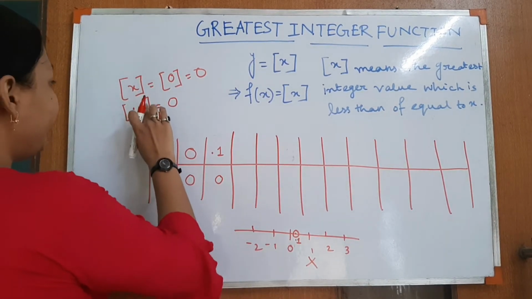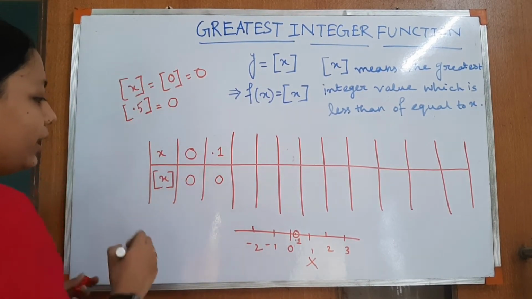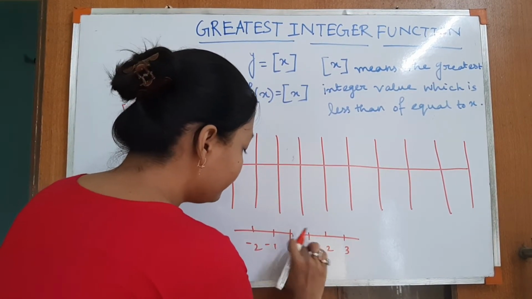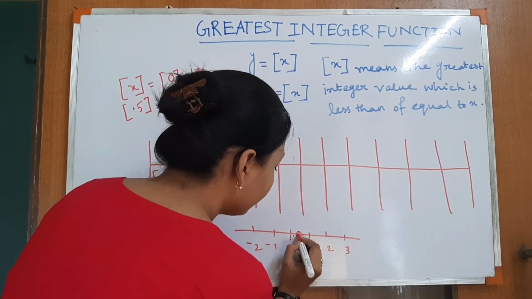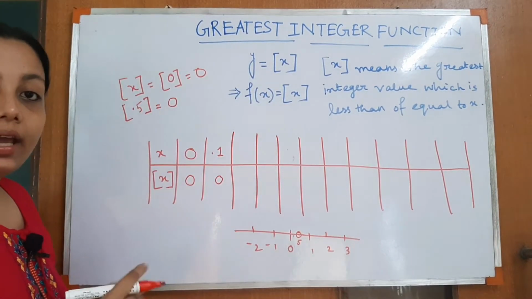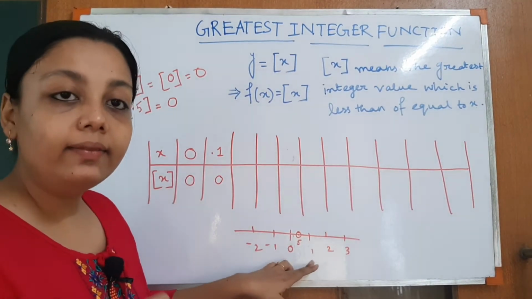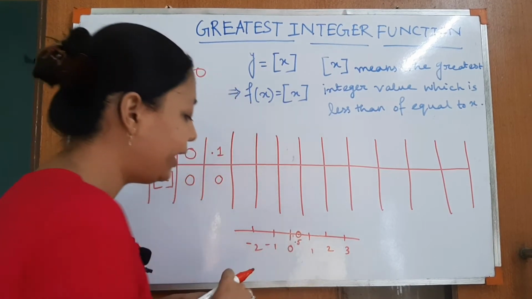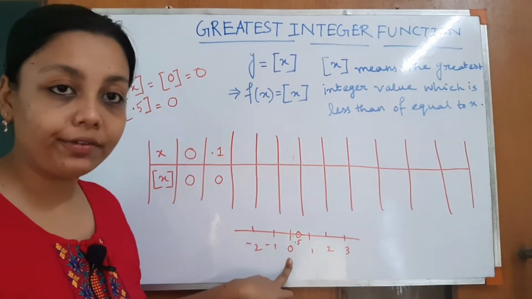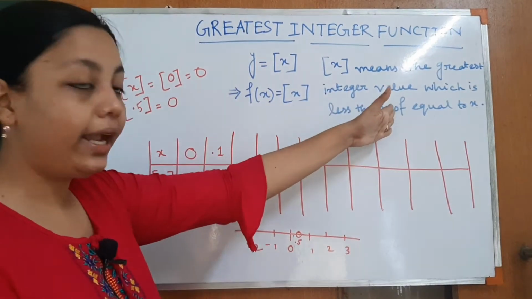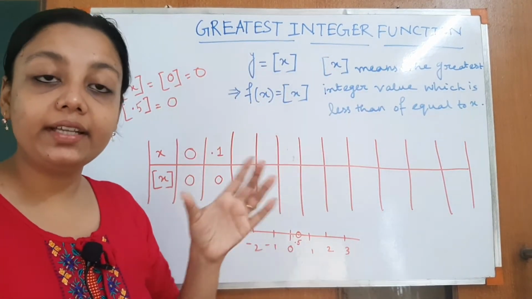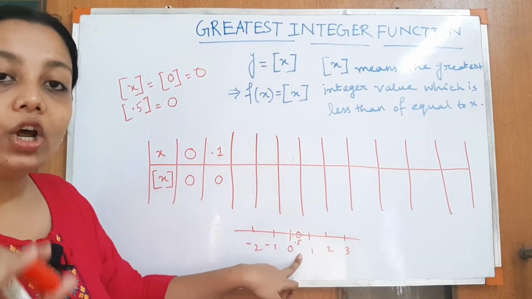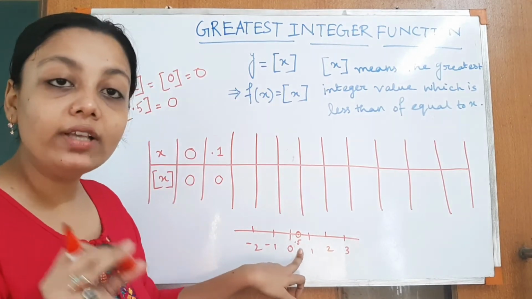Now if we take 0.5, here 0.5 also lies between 0 and 1. If we take 1, then this is greater than 0.5, and if we take 0, then this is less than 0.5. So here we have to take the greatest integer value which is less than or equal to 0.5. We cannot take 0.5 because it is not an integer.